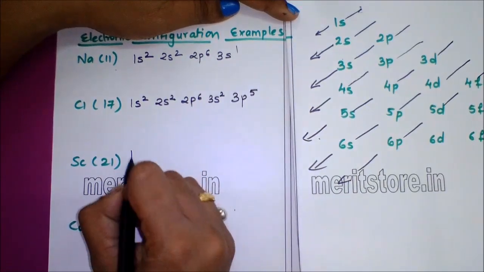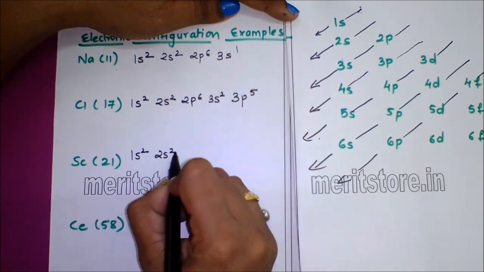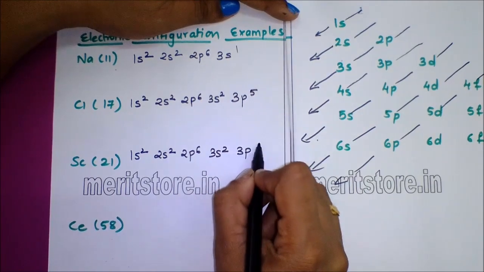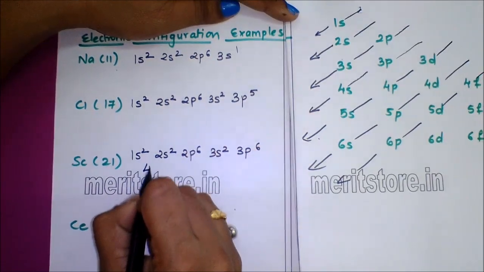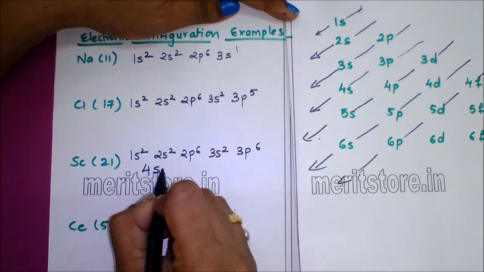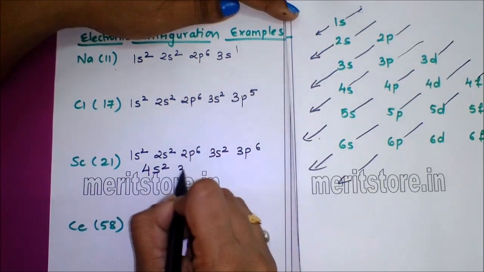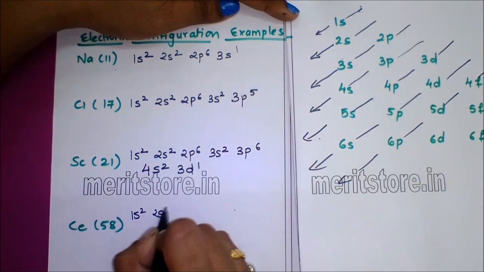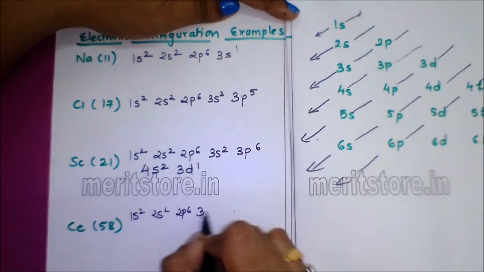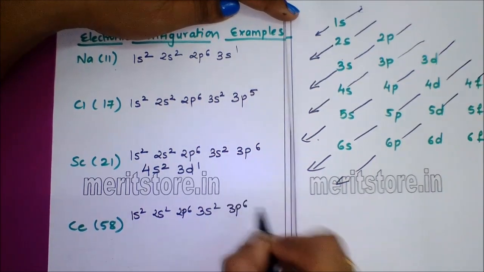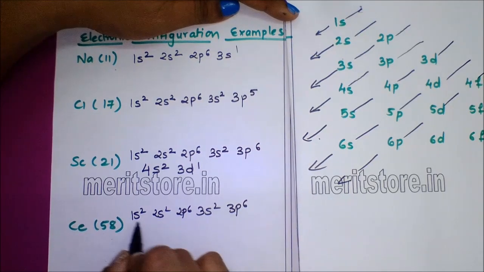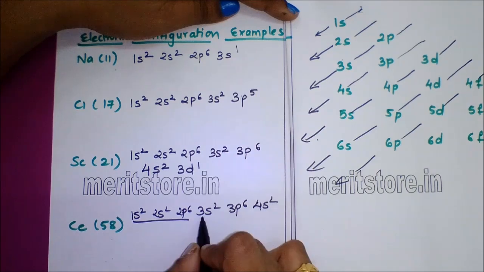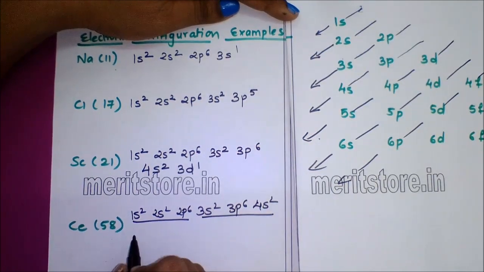For scandium, it's 1s2, 2s2, 2p6, 3s2, 3p6. Now electron going in 4s, 4s2, and then 3d1. Next, 1s2, 2s2, 2p6, 3s2, 3p6. You just count the electrons in between. So these are 18 electrons. Then after 3p, electron goes in 4s2. So this is 20 electrons we have completed.